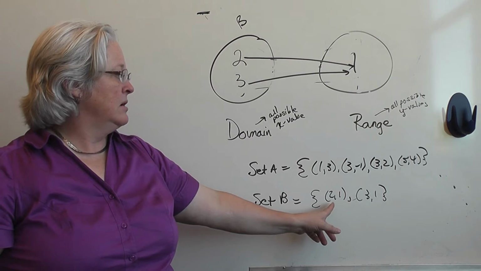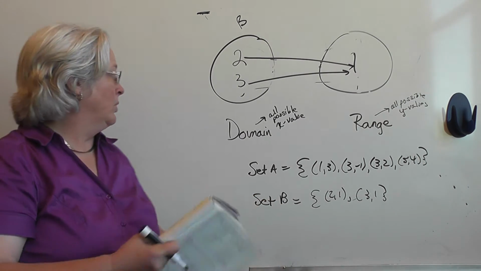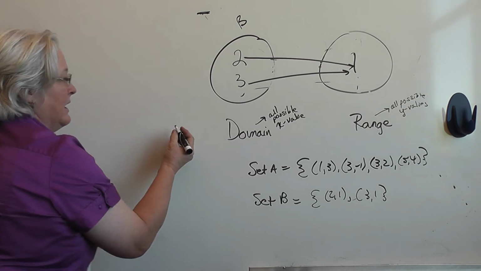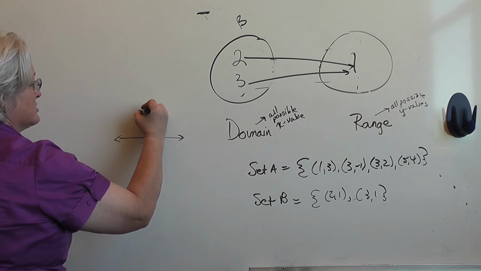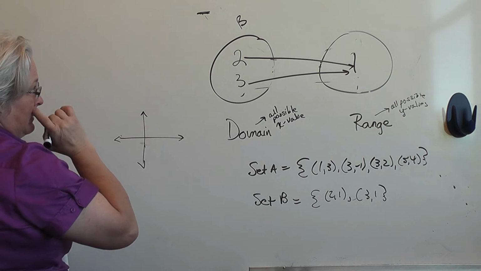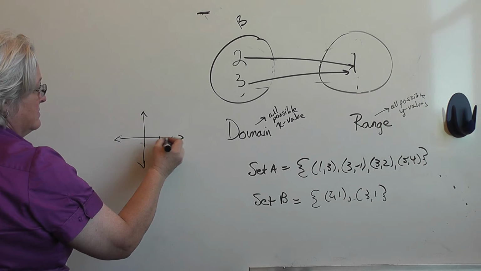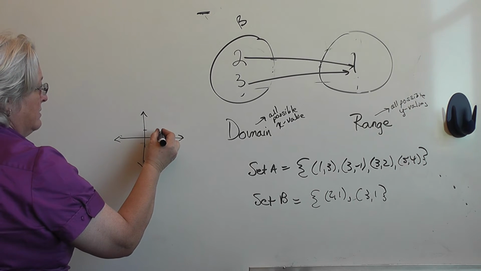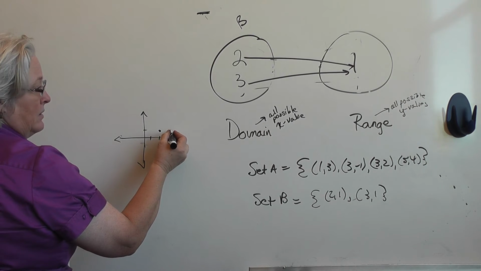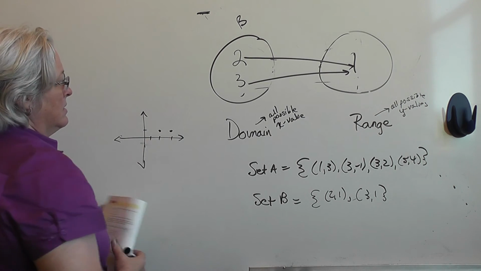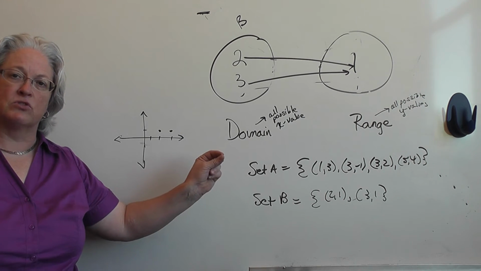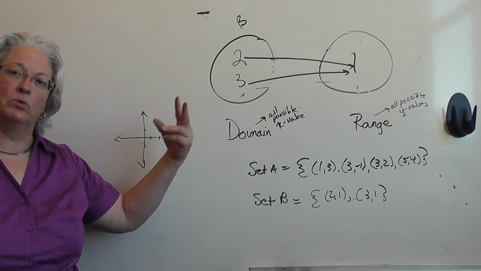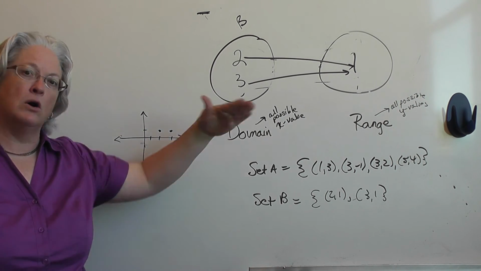This says (2, 1), (3, 1). You could also have the graph that shows this relationship, where we have x is 2 and x is 3 and y is 1: (2, 1) and (3, 1). 3 different ways to illustrate the relationship between these numbers on a plane.